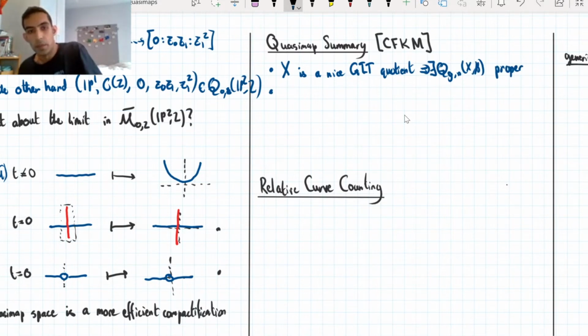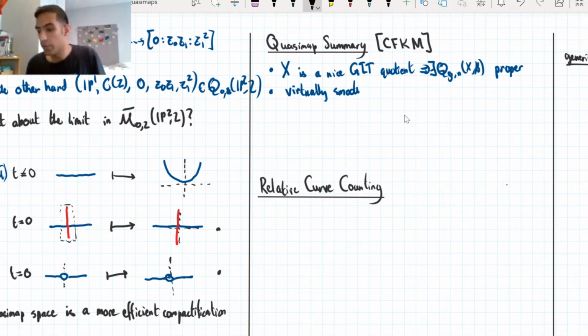And it's also, there was some smoothness condition. It satisfies the smoothness condition. And the cool thing about them is that because they're smaller than the Gromov-Witten space, their invariants are easier to compute.